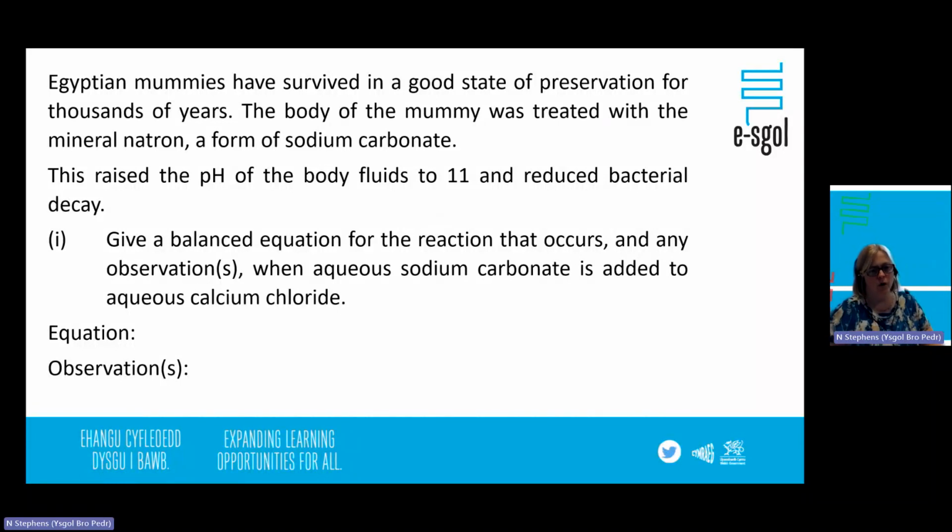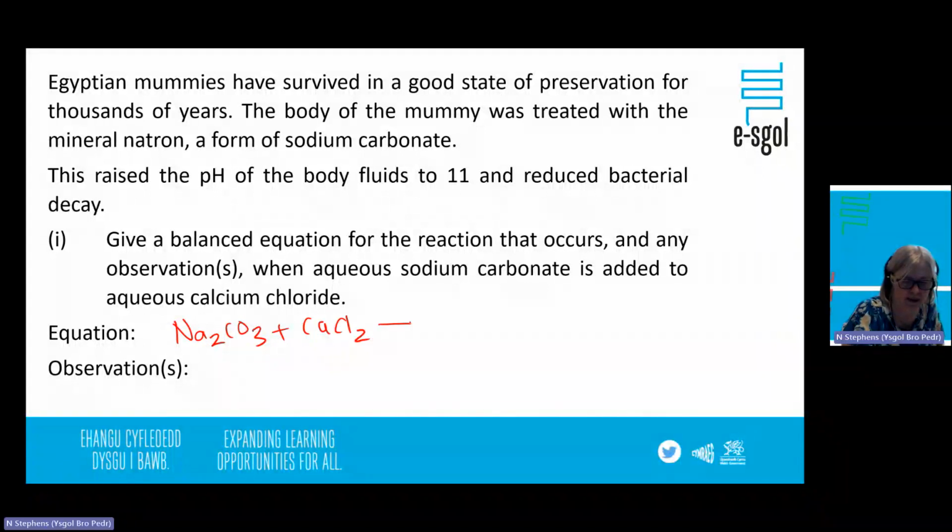Okay, so we've got sodium carbonate reacting with calcium chloride. So the equation hopefully should be well within your ability. So you've got sodium carbonate there, you've got calcium chloride, a bit like a dance, they go in and swap their partners. So we get NaCl, 2 of them, and you get CaCO3.